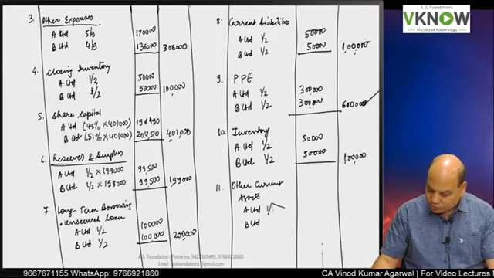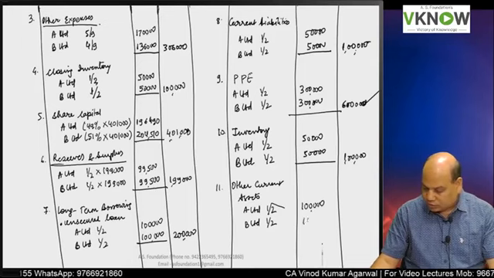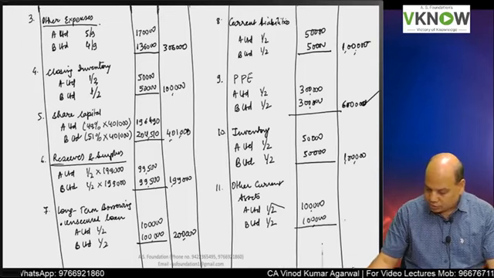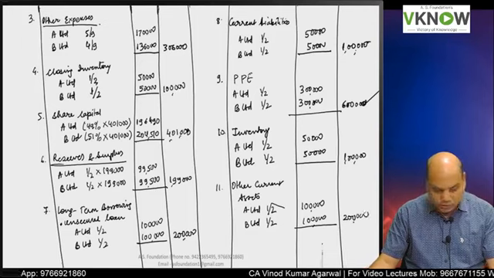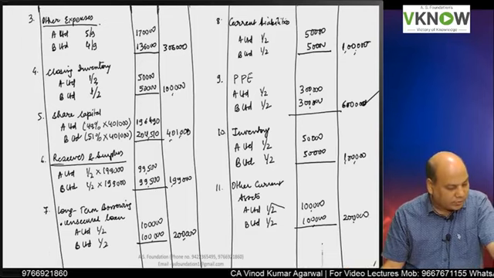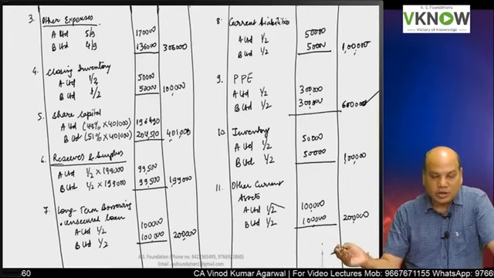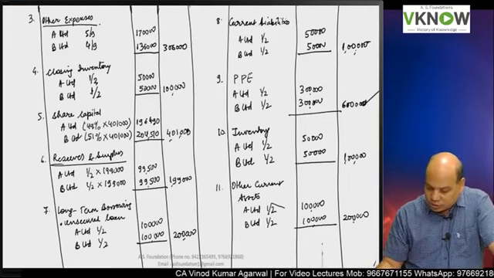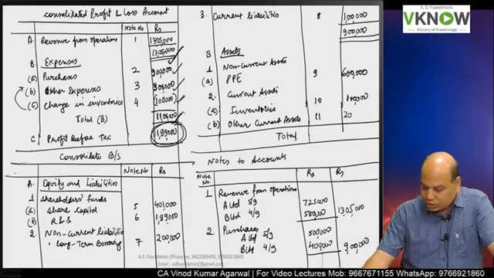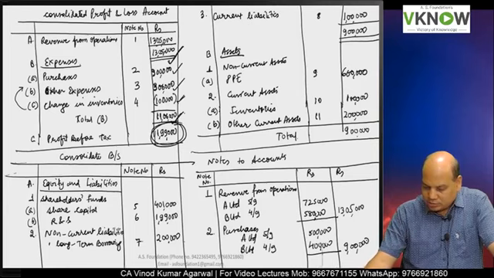So 1 by 2, 1 lakh each. Total is 2 lakh. You can see current asset in the trial balance. Fifth item, because we have written inventory, all other current asset will be written as other, 2 lakh. So write down 2 lakh here and take the total and write 9 lakh.